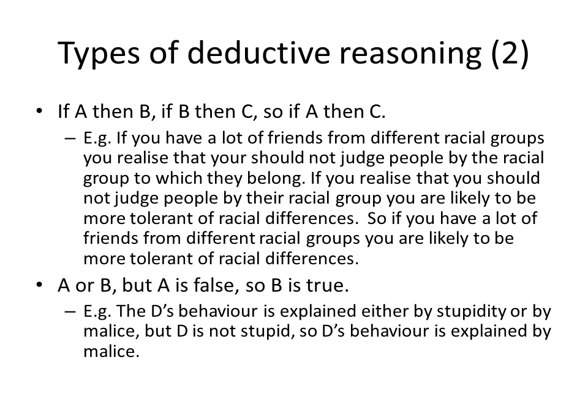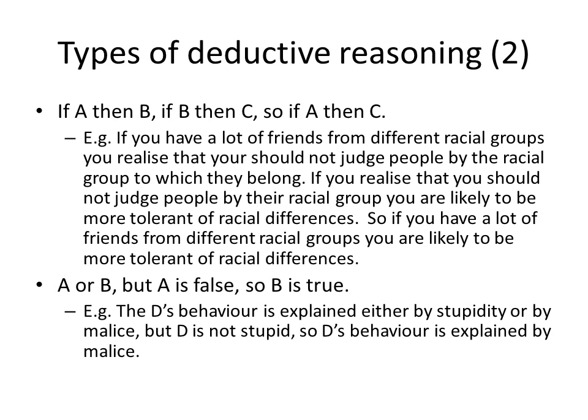If you have a lot of friends from different racial groups, you realise that you should not judge people by the racial group to which they belong. If you realise that you should not judge people by their racial group, you're likely to be more tolerant of racial differences. So if you have a lot of friends from different racial groups, you're likely to be more tolerant of racial differences.